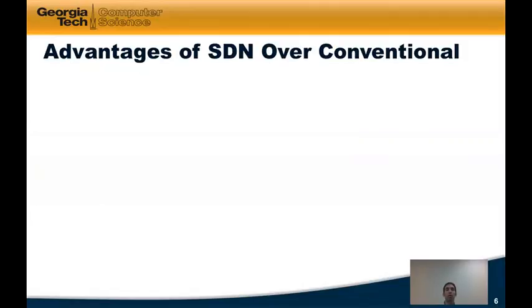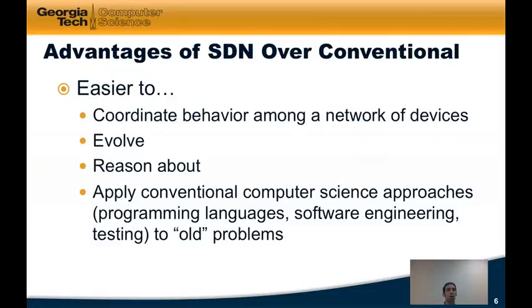So what are the advantages of software-defined networking over conventional network architectures? First of all, SDNs are much easier to coordinate. In particular, a network operator can write a program that allows the behavior of different network devices to be coordinated.